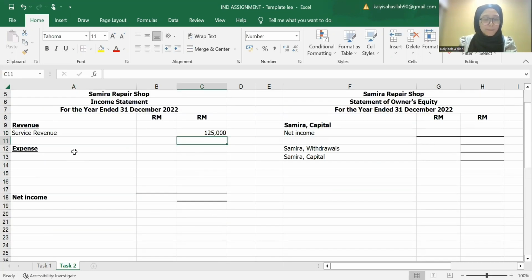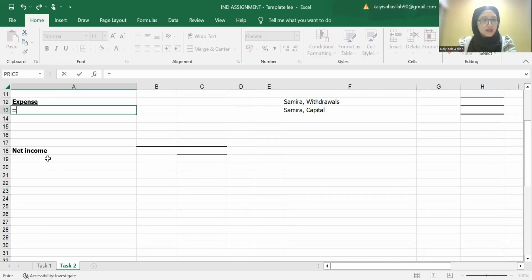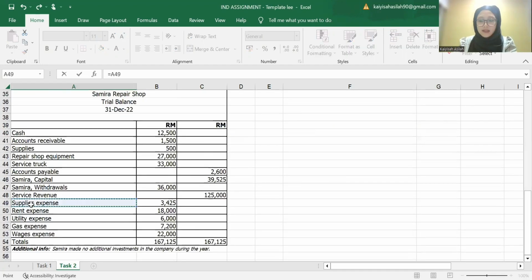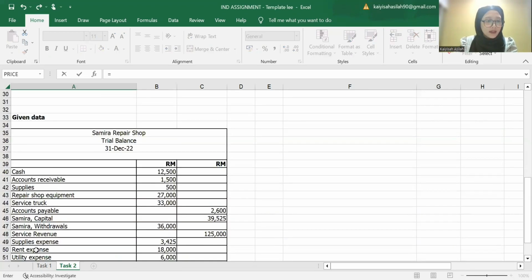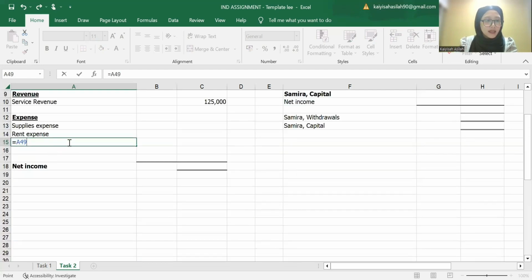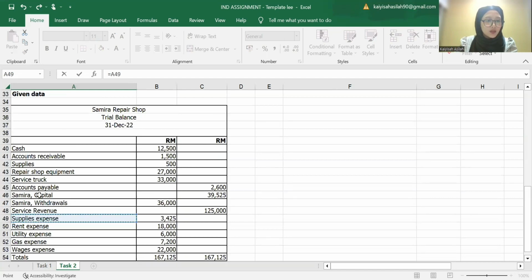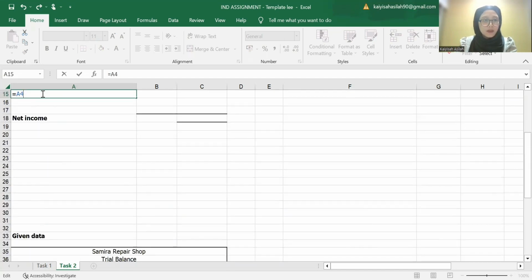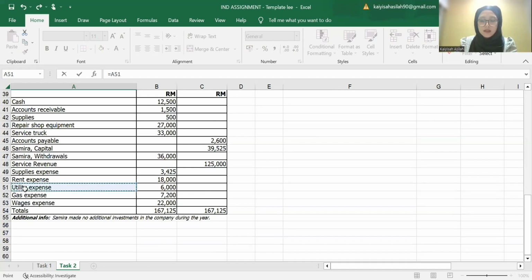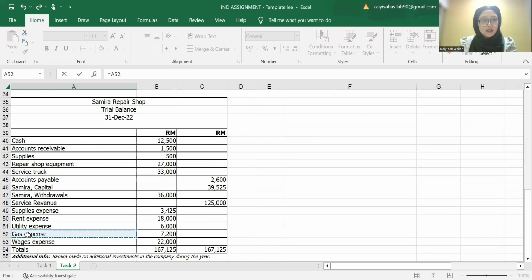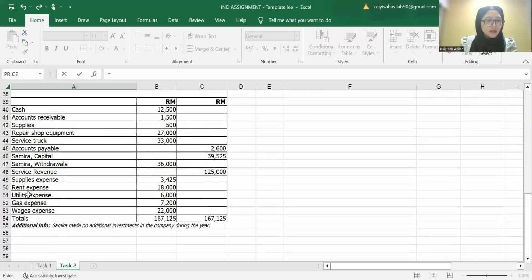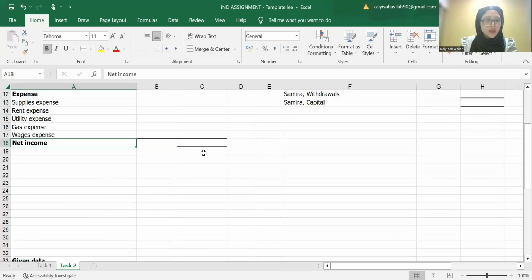Credit, service revenue, 125,000, enter. And then for the expenses, I go to all the expenses, and select them, such as supply expenses, rent expenses, utility expenses, and gas expenses and wages expenses.